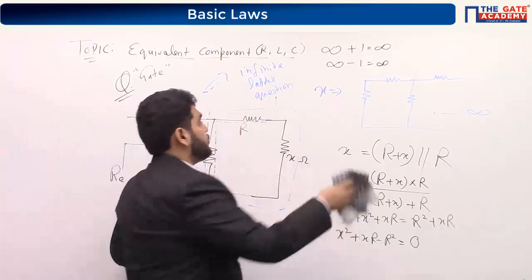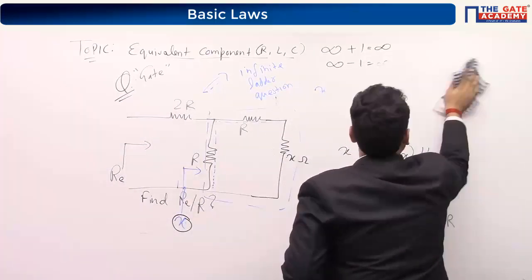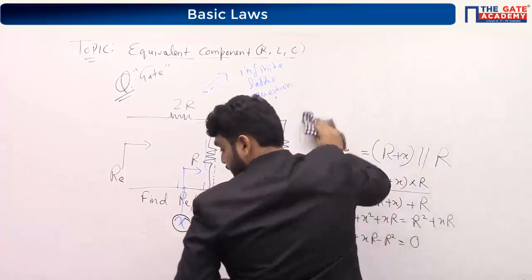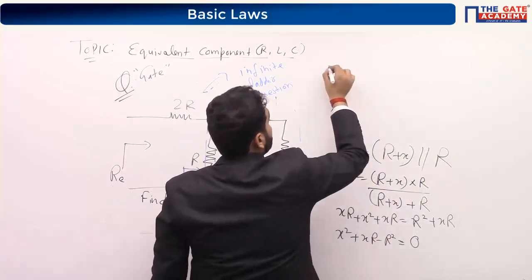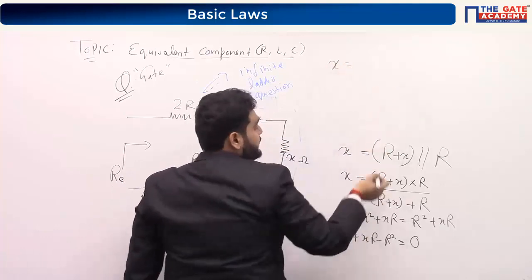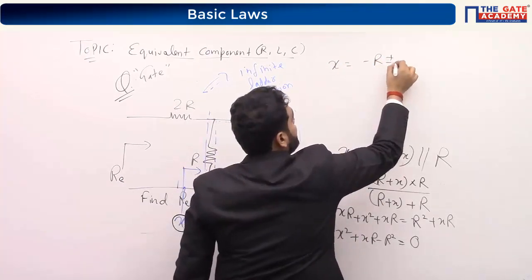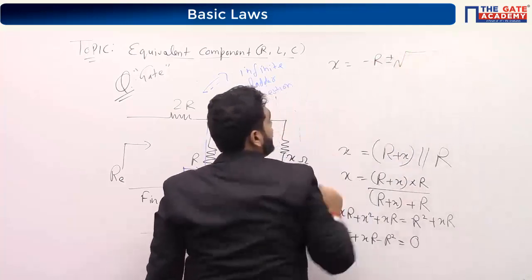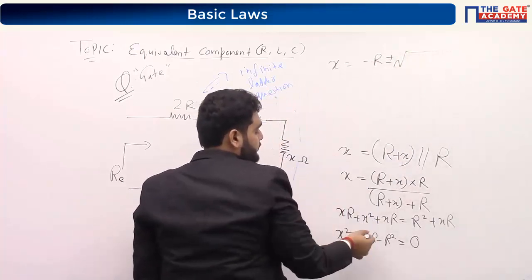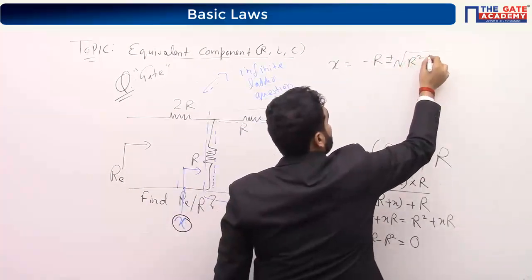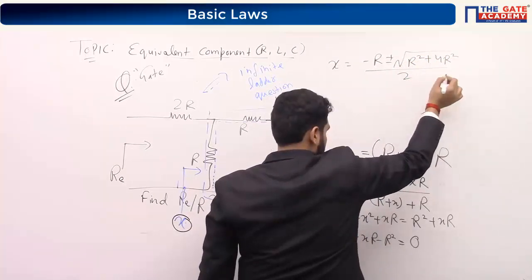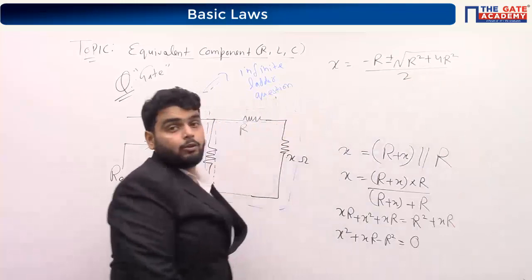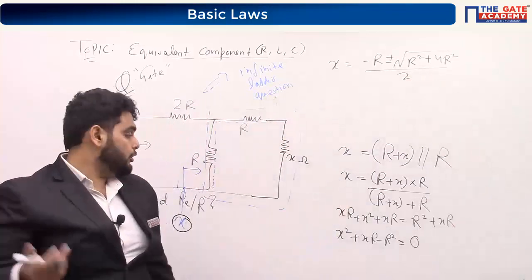From this I have to calculate the value of X. This is a quadratic equation. X is equal to minus B plus or minus root of B square minus 4AC divided by 2A. This is the formula of the quadratic equation, you already know.